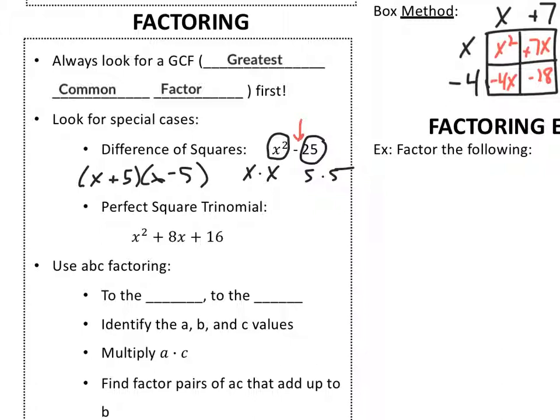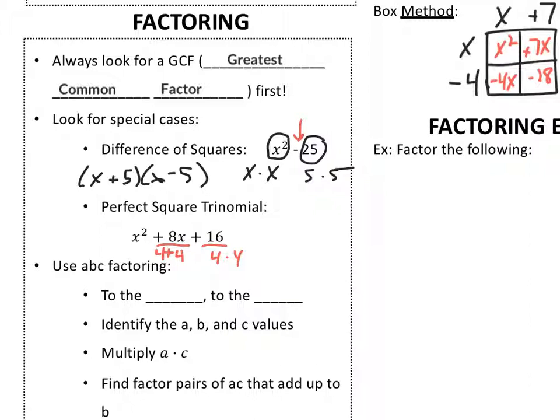The second kind of special case is a perfect square trinomial. So what you want to look for is if your constant term is a perfect square, so we could write that as 4 times 4, and it happens to match the b term, which is your 8 right here, if the square root, 4, plus 4 equals it. Then that is a perfect square trinomial.